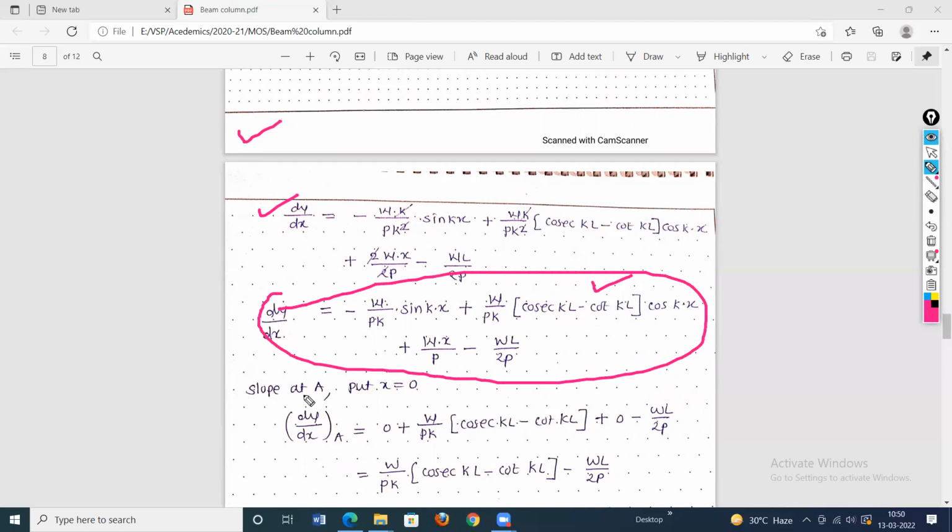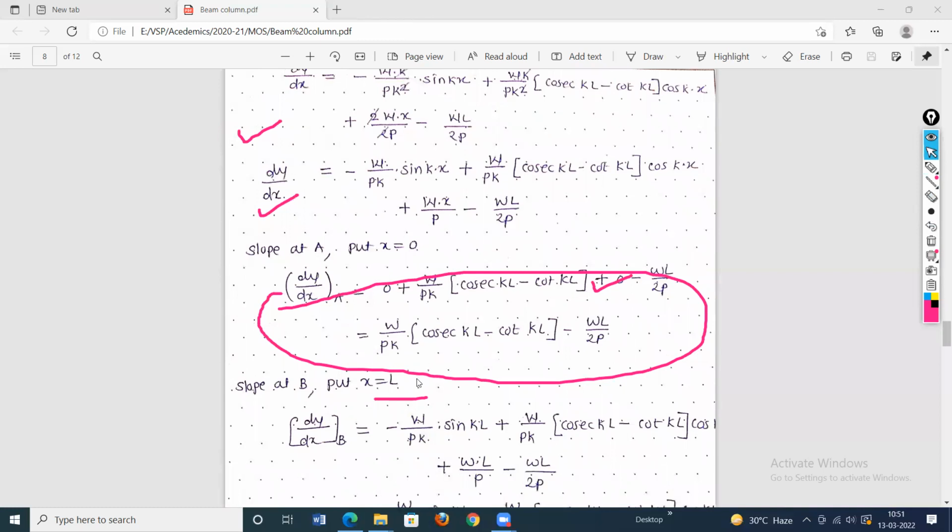At support A, where is the slope maximum? The slope is maximum over the support A. Over the supports, the slopes are always maximum. So put x equal to 0 in this case.